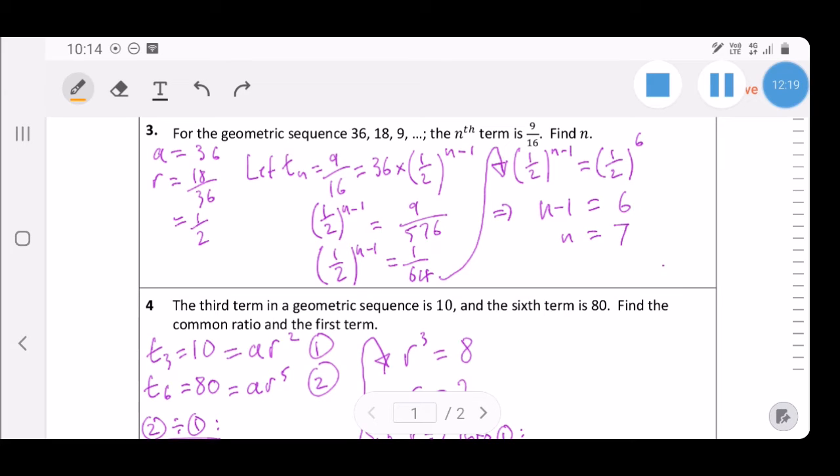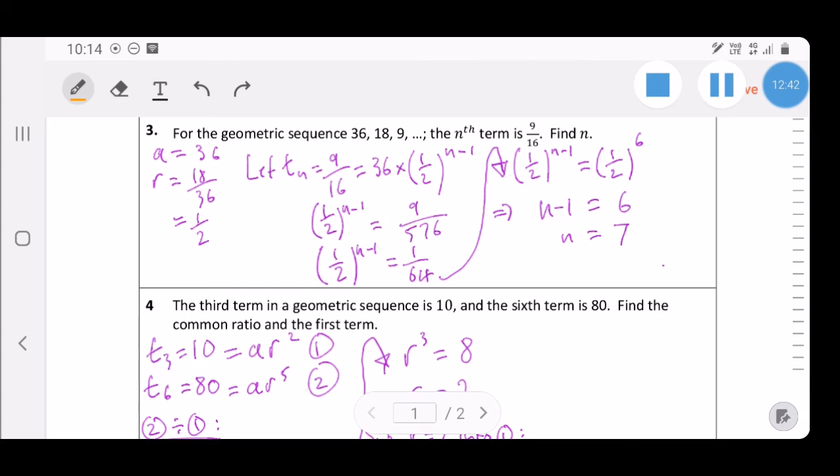All right, question 3. For the geometric sequence 36, 18, 9, etc., the nth term, we're just going to, for the time being, call the nth term, is equal to 9 on 16. Find the term number that corresponds to that term. Find n.